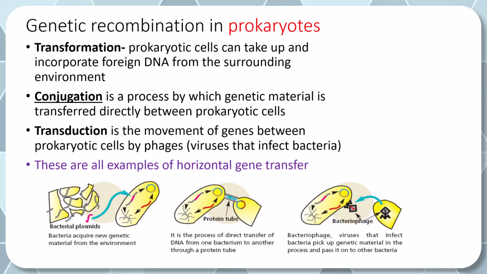Conjugation is when genetic material in a plasmid is transferred by way of a sex pilus or conjugation pilus from one cell to another. And transduction is when a phage, which is a virus that infects bacteria, transfers genetic material from one cell to another. So those are all examples of horizontal gene transfer between bacteria.